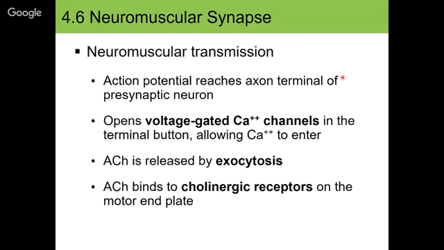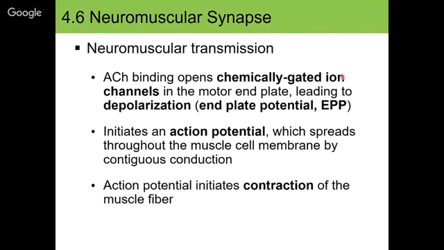But in this case, these ACh molecules bind to protein receptors called cholinergic receptors, okay? So these are a particular type of receptor that are receptive only to acetylcholine, and they are situated on the motor end plate, in the little groove in the receiving muscle cell, okay.